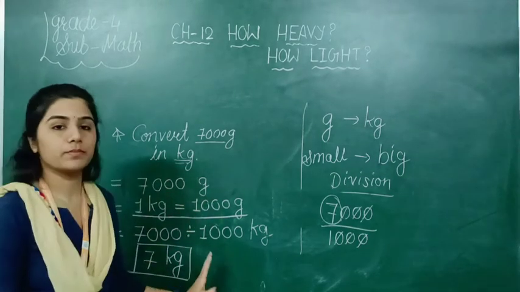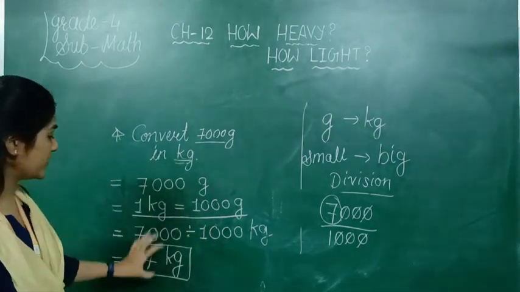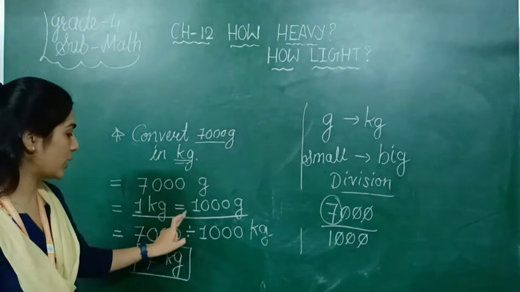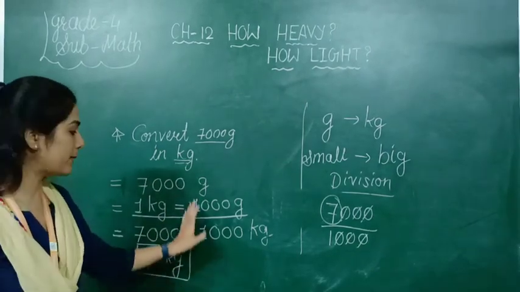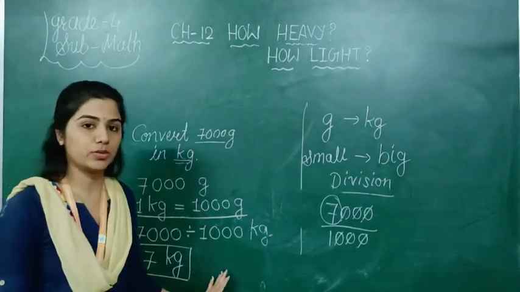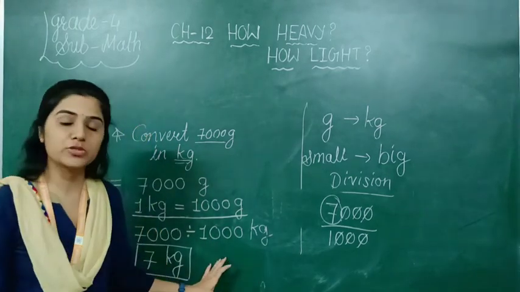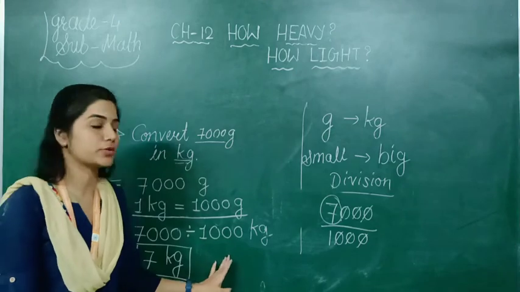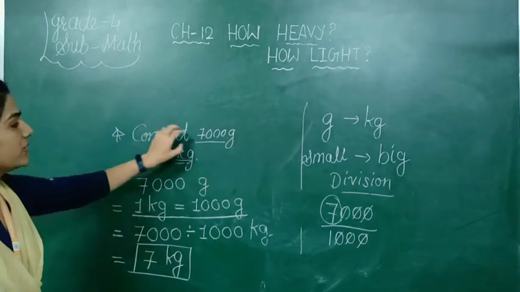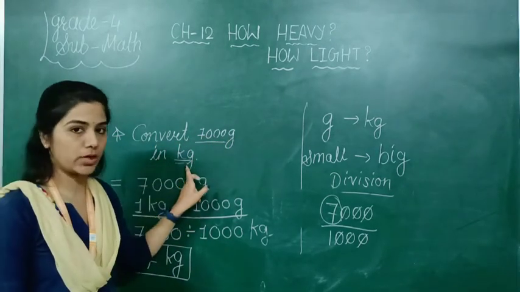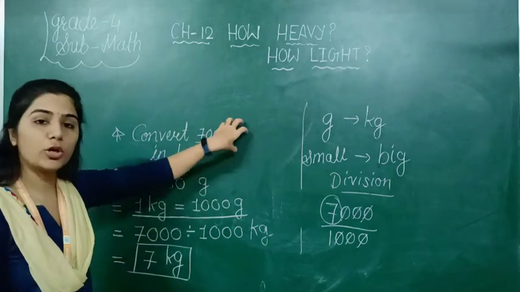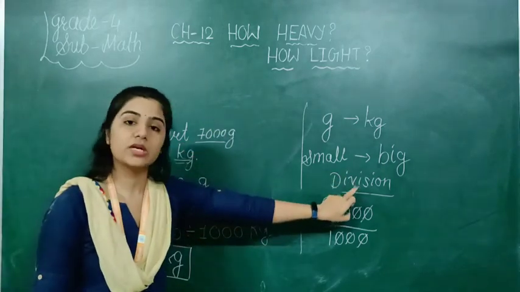This sum is finished in only these 3 steps: 1, 2 and 3. You have to remember these 3 steps only. In this format, you have to solve this sum in the exam and in the workbook also. Again, I am explaining. Convert this 7000 gram into kilogram. That means small to big unit, so we will do division.